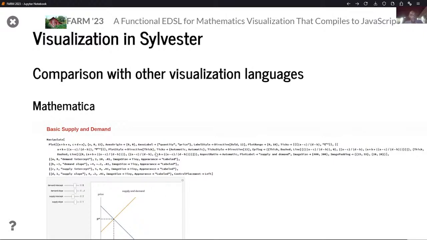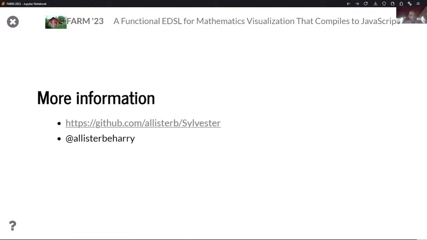But in terms of composability and reusability, I think Sylvester is really advanced. There aren't really advanced scenarios to compose higher-level interfaces or mathematical code in Mathematica. So that's one of the areas where Sylvester is a lot better than, say, Mathematica in terms of visualization.